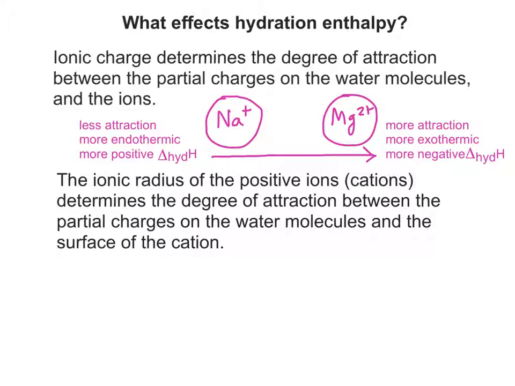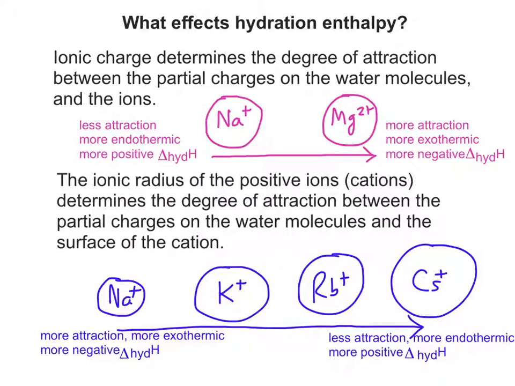This has a bearing on the sign of the hydration enthalpy, whether it becomes more positive or more negative. You have a similar relationship governing the ionic radius's effect on the enthalpy of hydration. It might be worth pausing and making sure you're happy with this, maybe pop it down on a flashcard before we go any further.